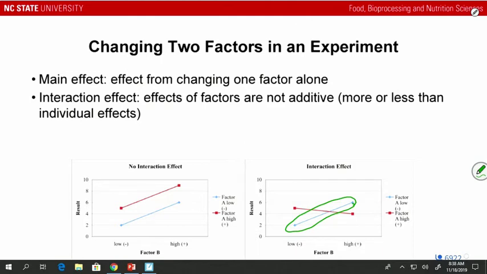If we go from blue to red, it increases if we're talking about high levels of factor B. But it decreases if the parameters include the low amount of factor B. So it depends. It's an interaction effect.